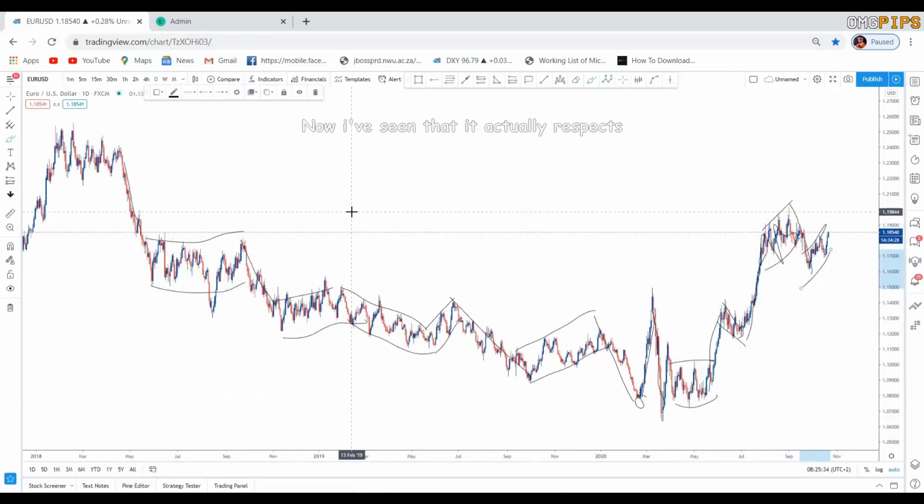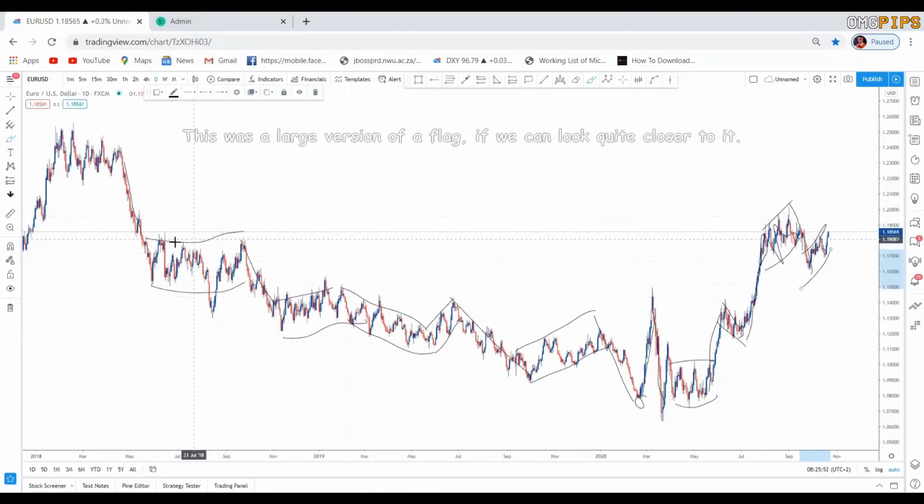Now I've seen that it actually respects patterns such as flags, ascending channels and descending channels, because as you can see right here, this was a large version of a flag, and then this was also a mini version of a flag.